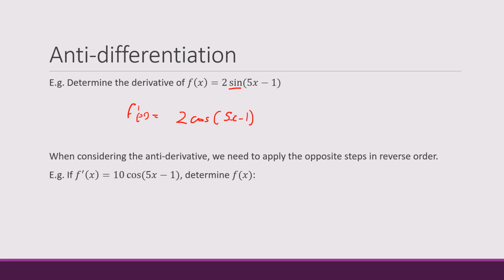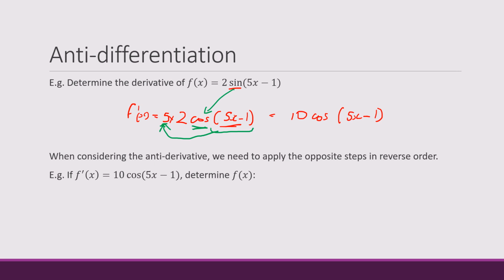Then we multiply by the derivative of what's in brackets, which is 5. That gives a final answer of 10 cos 5x minus 1. The two key steps were that sine had to change to cos, and we multiplied by 5 because that was the derivative of what's in brackets.